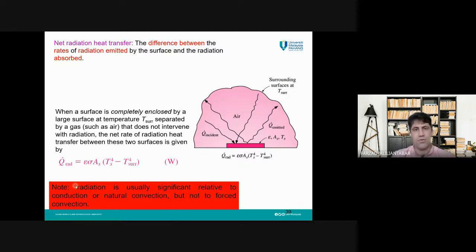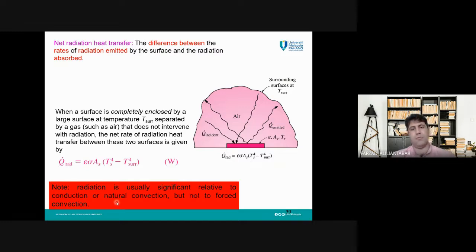Here also, radiation compared to conduction and convection is significantly higher. Radiation is usually significant relative to conduction or natural convection, but not to forced convection. So usually the value of the radiation heat transfer is much higher than conduction heat transfer or natural convection.